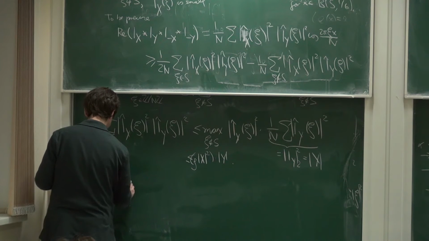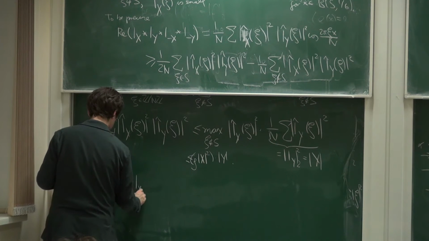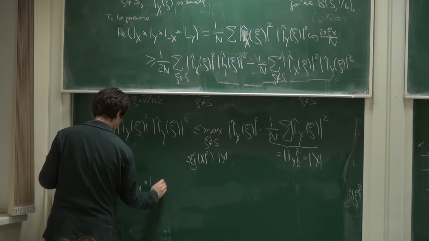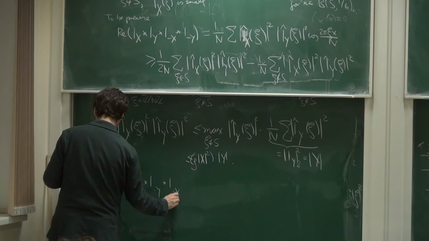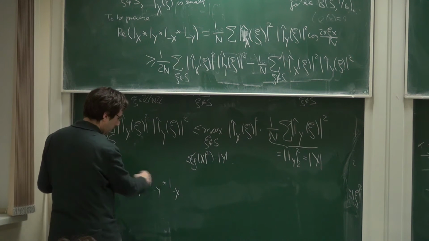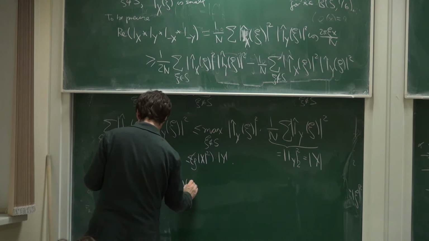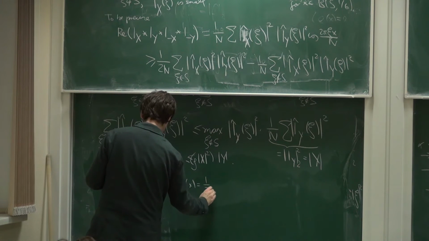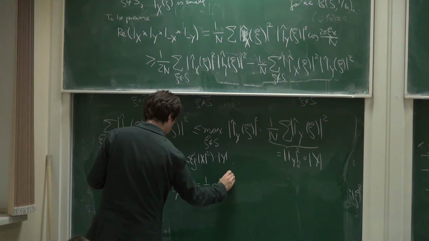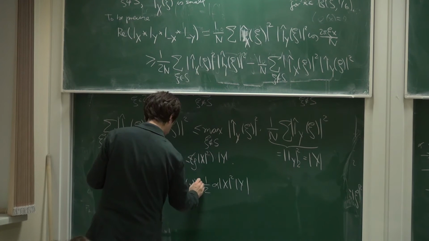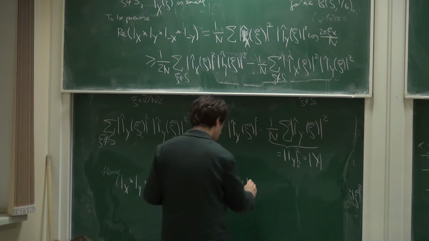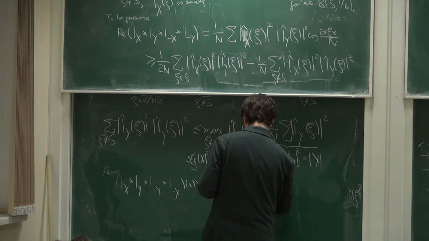Hence you have, which is of course its own real part, being real valued. This is 1 to alpha x squared y, or rather greater than or equal to minus 3 rho x squared y.